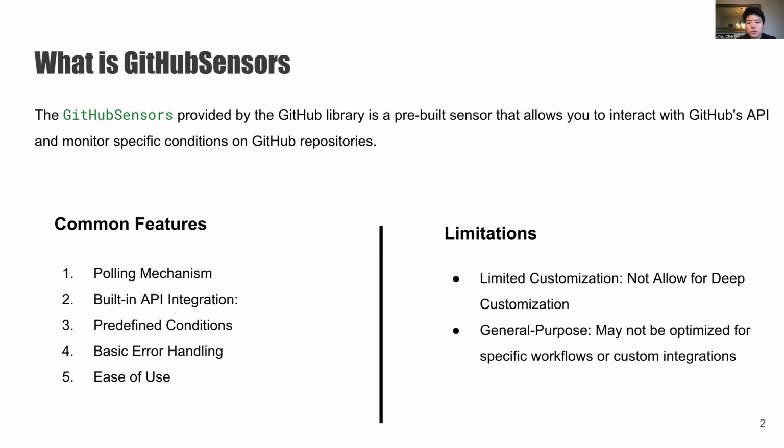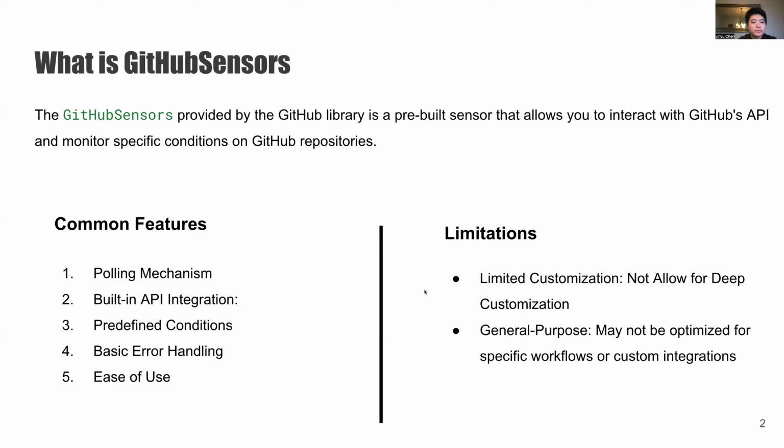If you need to implement specific logic, handle specific conditions, or customize behavior beyond what the default sensor provides, it may be too limited. Another one, general purpose. As a general purpose tool, it may not be customized for specific workflows or custom integration. It is designed to work broadly, but not necessarily efficiently for every use case.